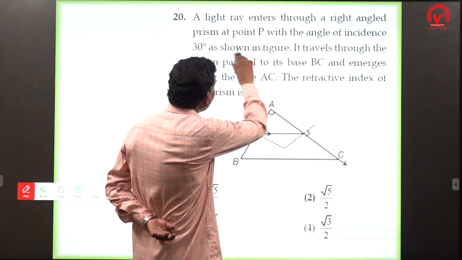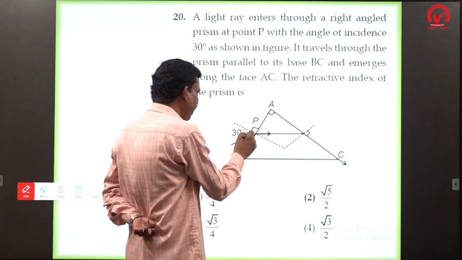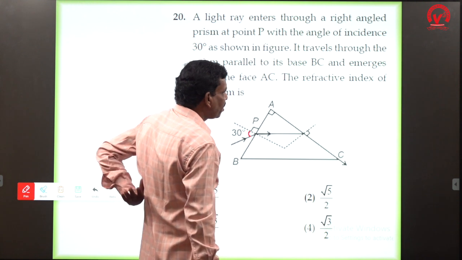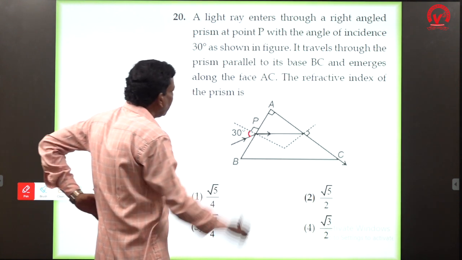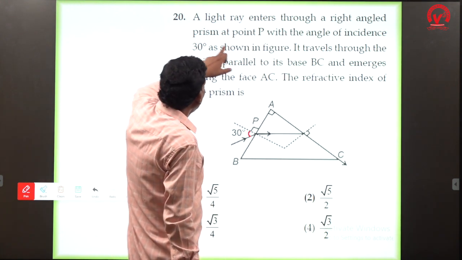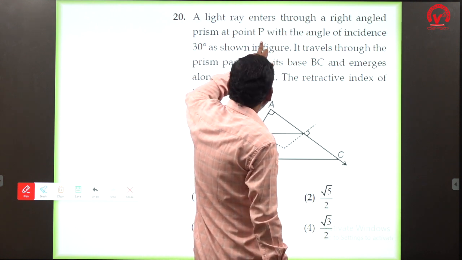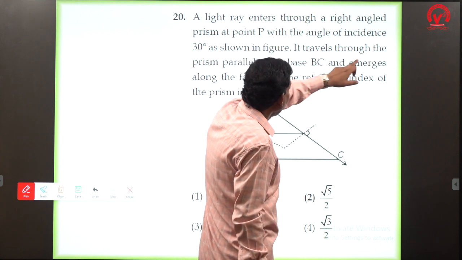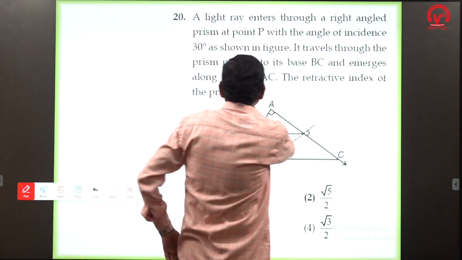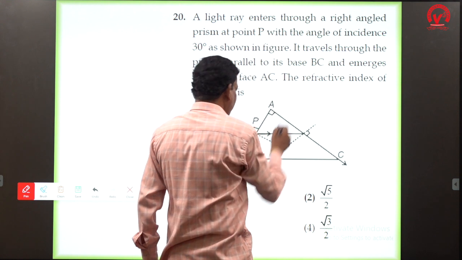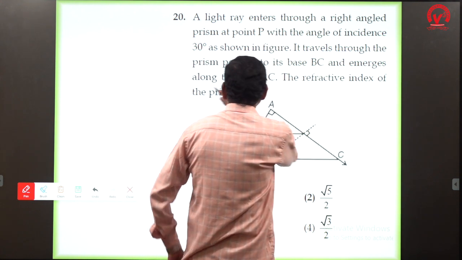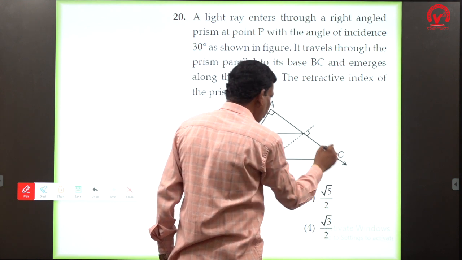Next see, they given light entering, and here the angle is 30 degrees, and they ask the refractive index of the prism. Light at point P with the angle of incidence 30 degrees as shown in figure, travels through the prism parallel to its base BC, and emerges along the face AC.